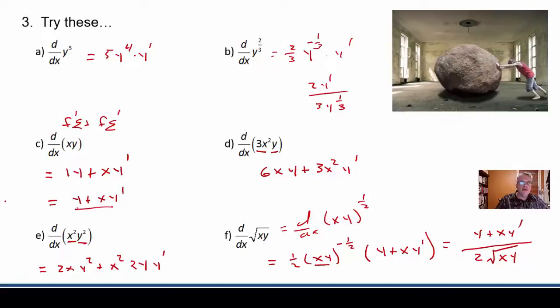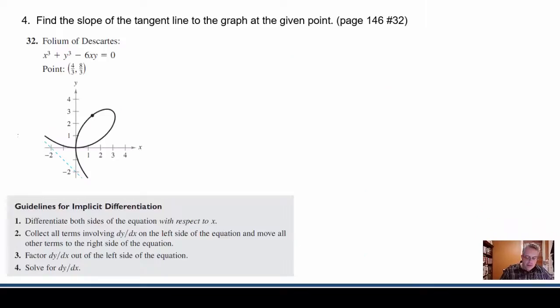All right, now let's use all of this. So, several examples of implicit differentiation. Remember the first step, we're going to take the derivative of all the terms. So this first one, we would get 3x squared plus the derivative of y cubed, 3y squared y prime. Don't forget the y prime.